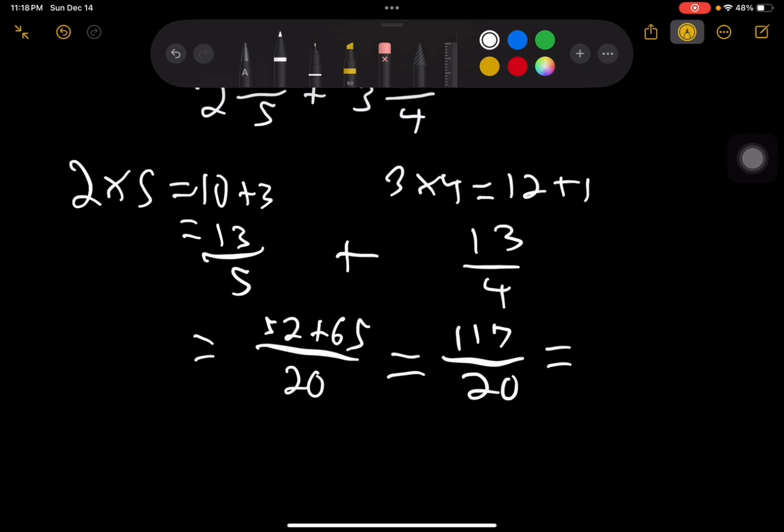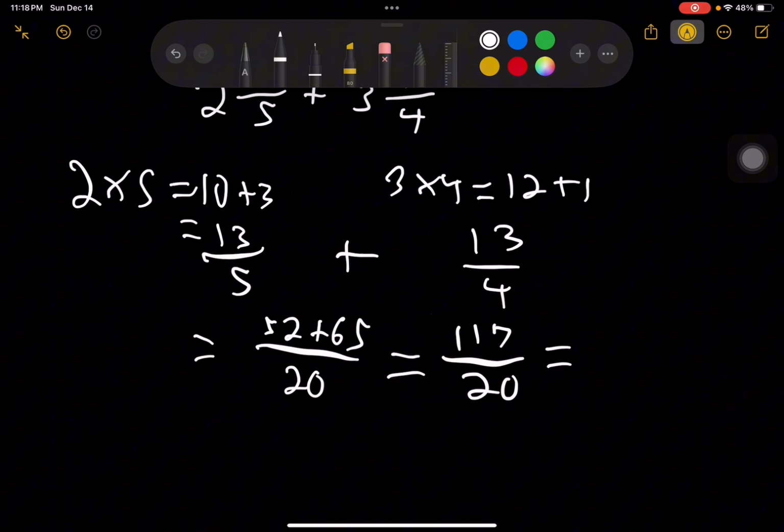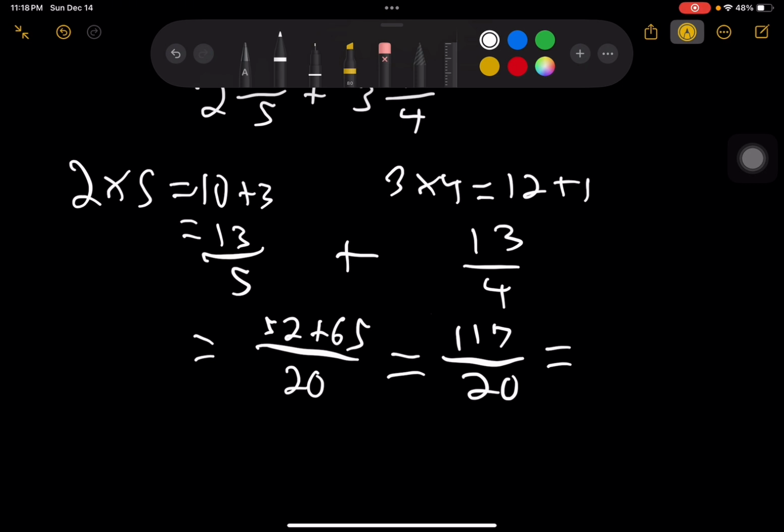So let's think here. How many times can 20 go into 117? So I know if we did 20 times 5, we'd have 100. And if we did 20 times 6, we would have 120. So we know that 20 can go into 117 5 times.